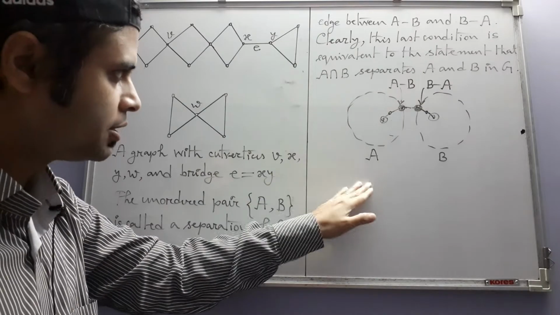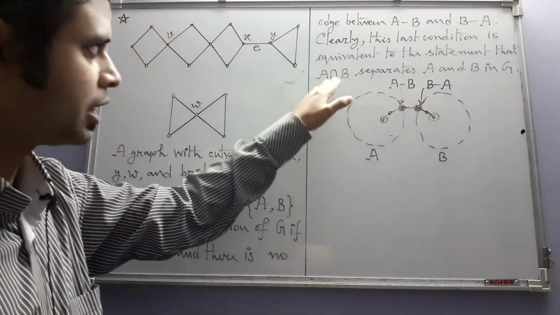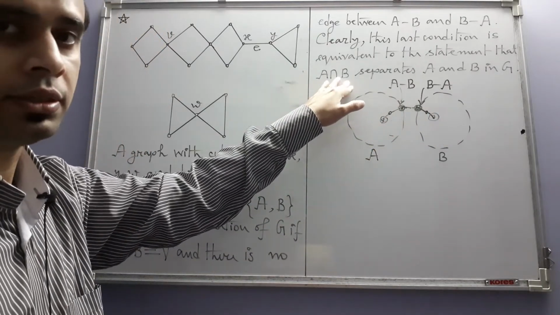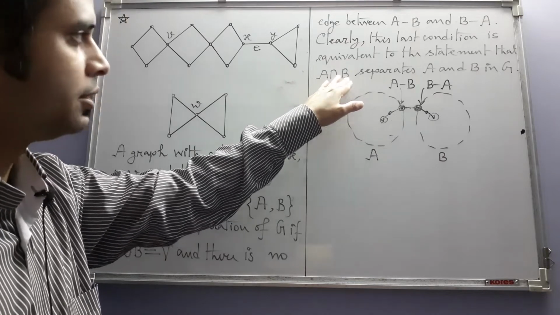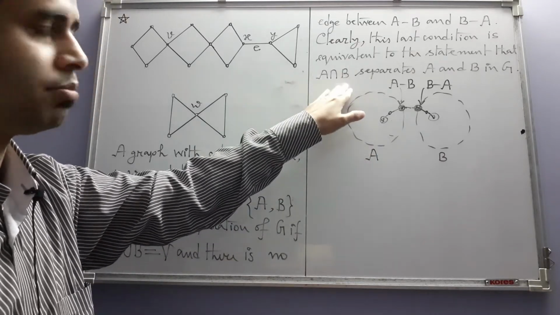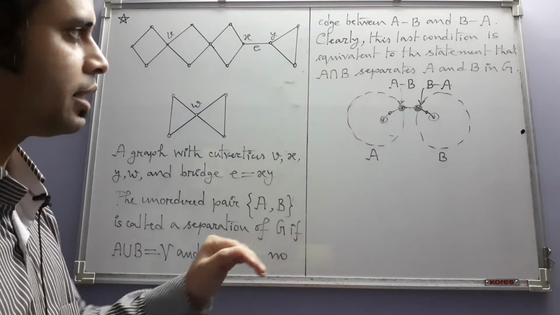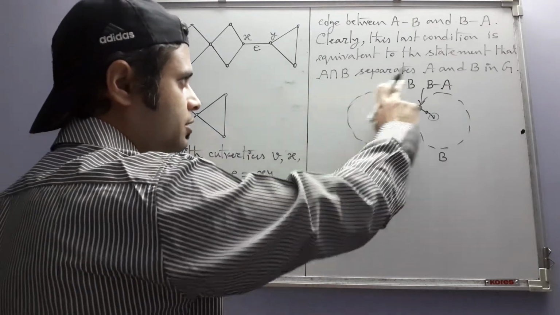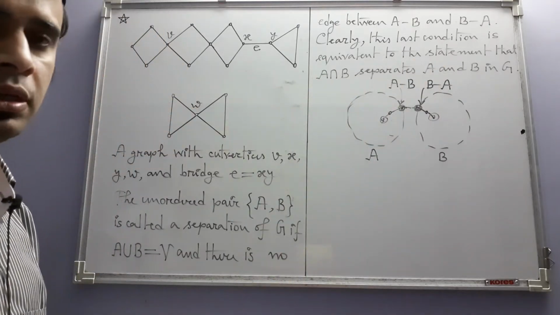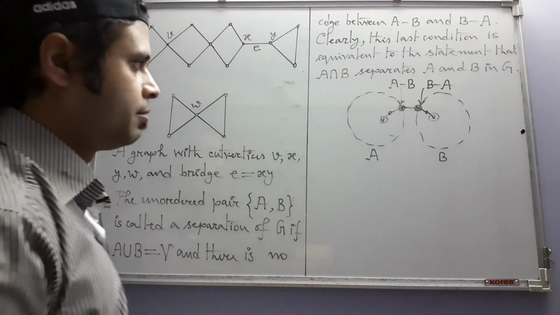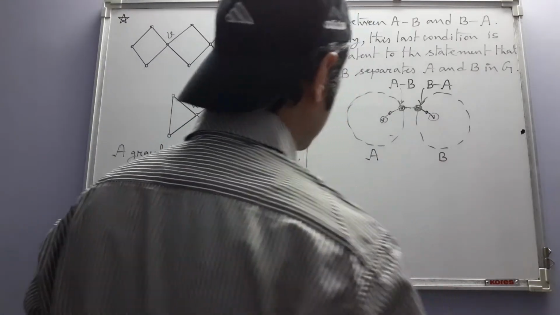So our supposition that this path has no vertex coming from A intersection B is wrong. There must be something coming from A intersection B, and that's why A intersection B separates A and B in G.